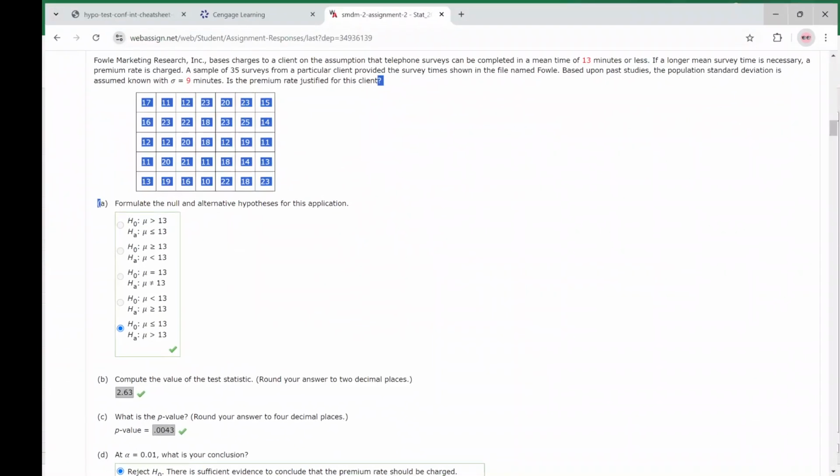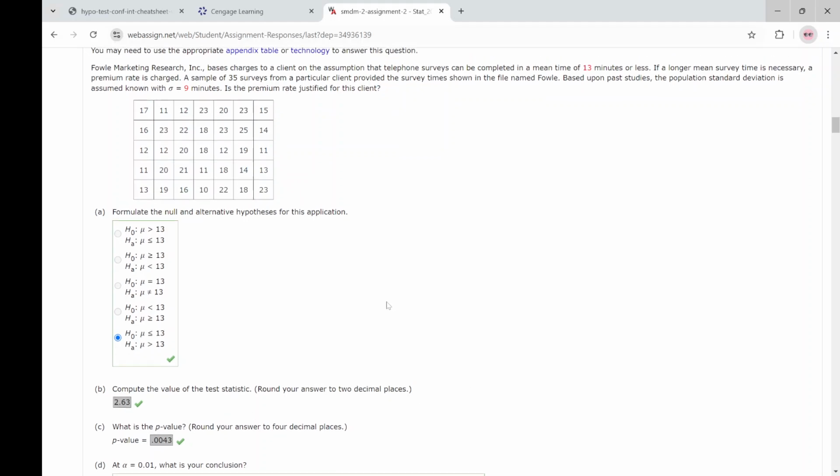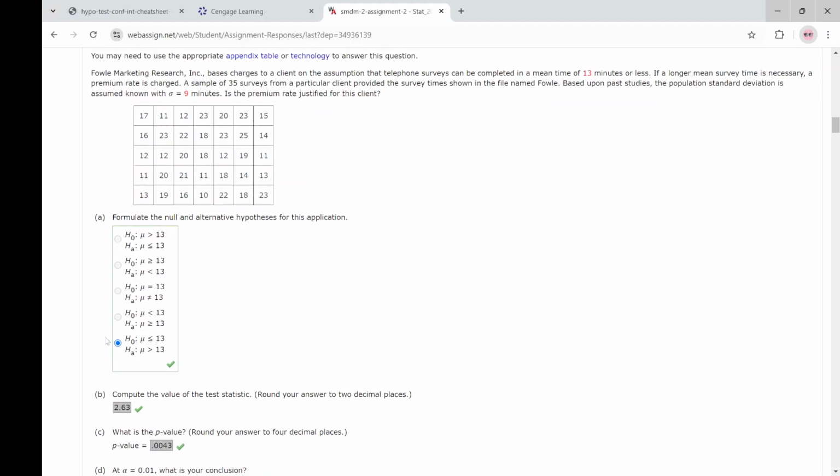Now, sorry about that. Now we have to do a hypothesis testing where mu naught, so it's a right tail test, right? So you have to understand why it is right tail. For the question, if you read it out, it's that base charge to a client on the assumption that telephone service can be completed in a mean time of 13 minutes.